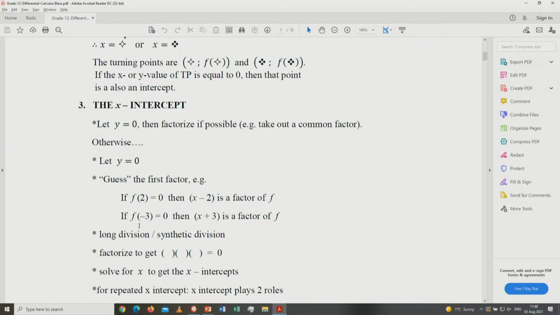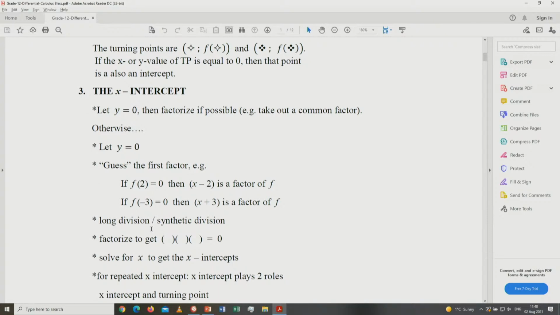Likewise, if the value of x is minus 3, you substitute in the equation, you get 0, then it means x plus 3 will be a factor of the function. Now, once you get the first factor, you'll have to determine the other roots.